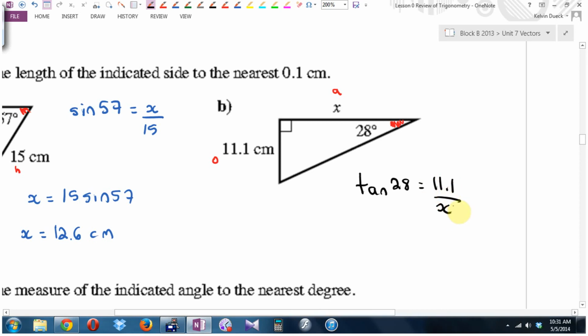The x is going to be on the bottom or on the top. How do I solve this one? Well, I want to move the x to the other side because it's on the bottom of a fraction. Right now, the x is being divided. That's the same as having it times right there. That would give me, don't write this down.